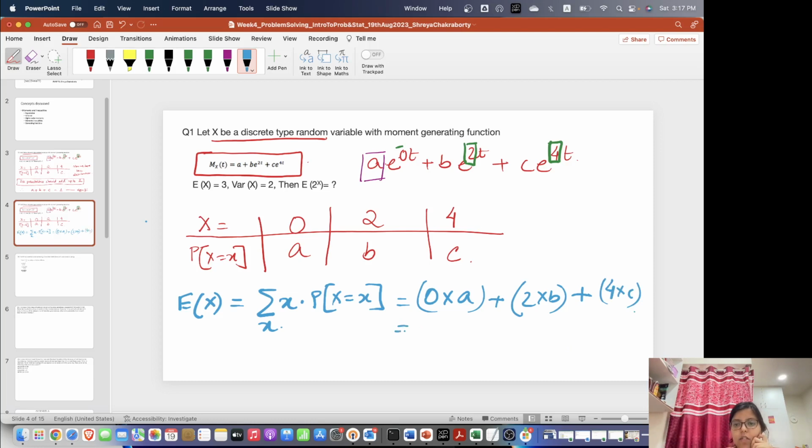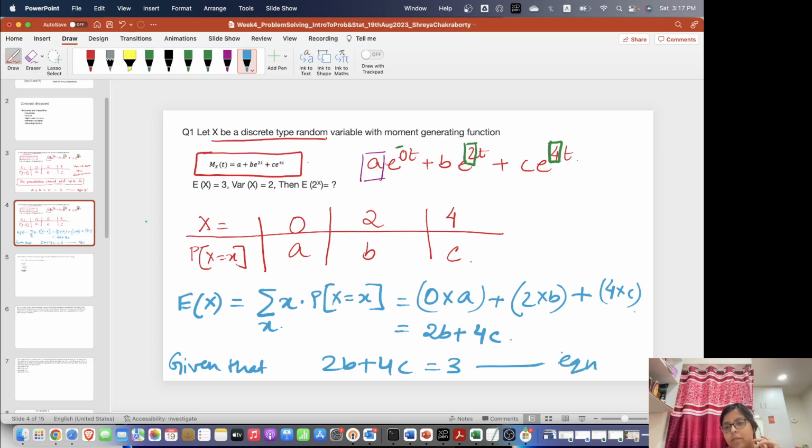So this will be 2b plus 4c. Now we have been given that 2b plus 4c equals 3. Let this be my equation 2. Is this part clear? Yes. Okay.